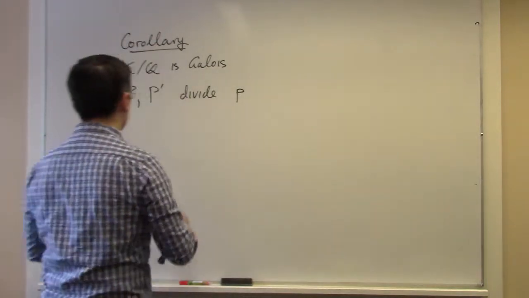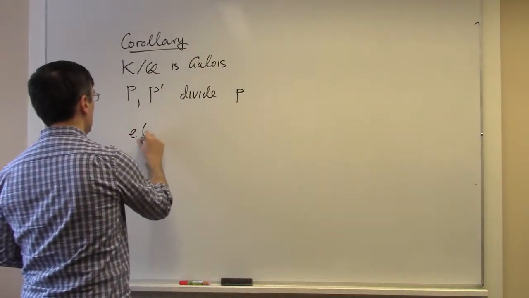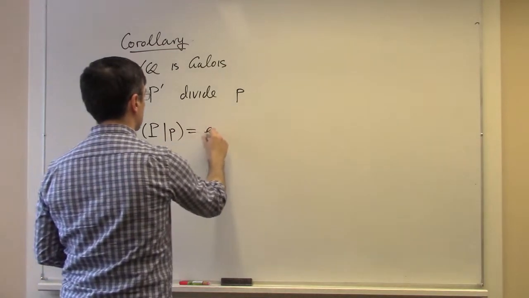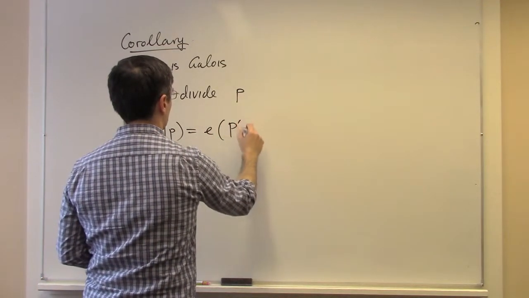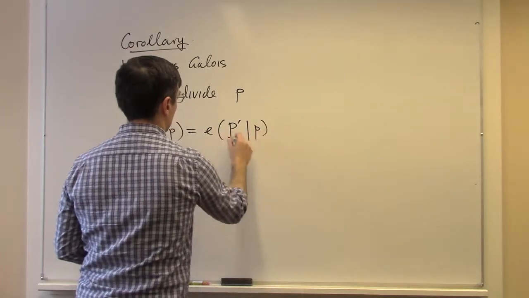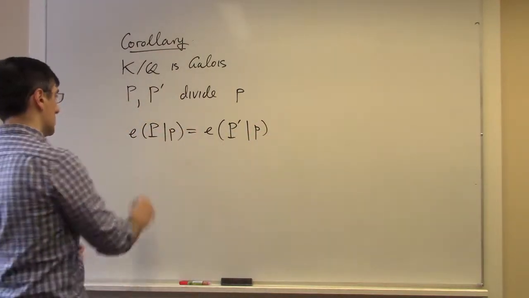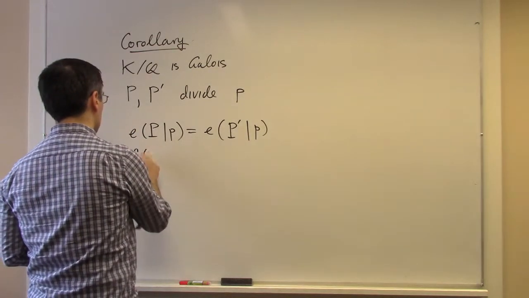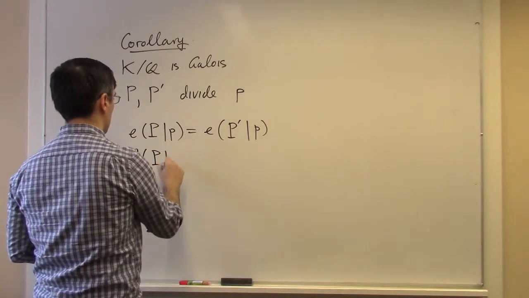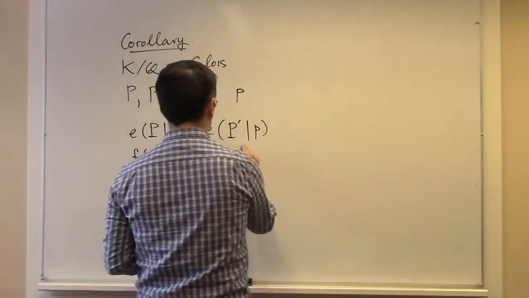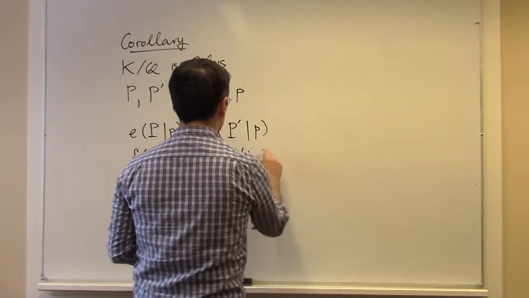Then E, the ramification index, is the same for both primes, and the inertial degree is the same.